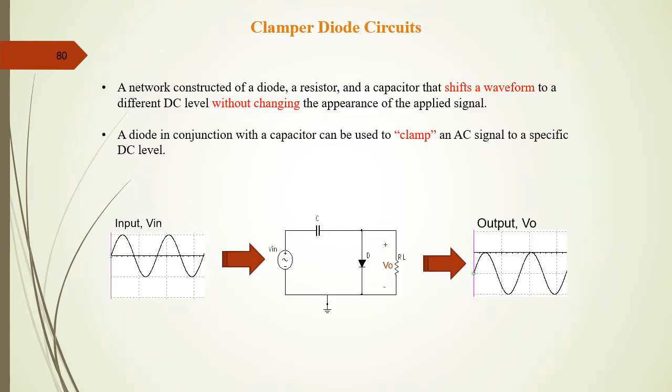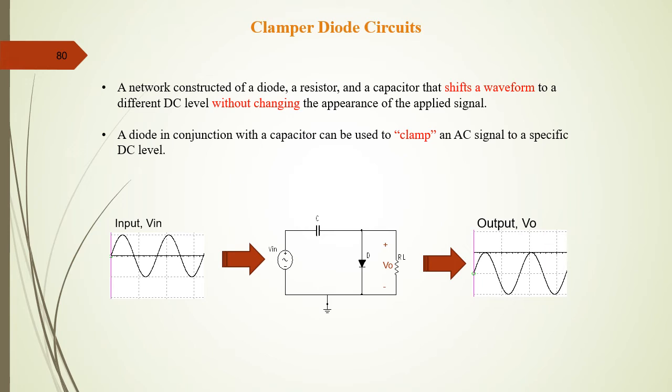Now we move to clamper diode circuits. A clamper diode circuit is a network constructed of a diode, a resistor, and a capacitor that shifts a waveform to a different DC level without changing the appearance of the applied signal. It means the original waveform will be shifted upwards or downwards, so it is only a vertical shift. A diode in conjunction with a capacitor can be used to clamp an AC signal to a specific DC level.